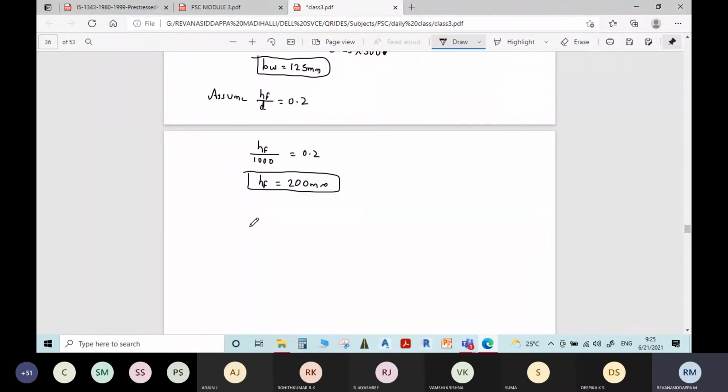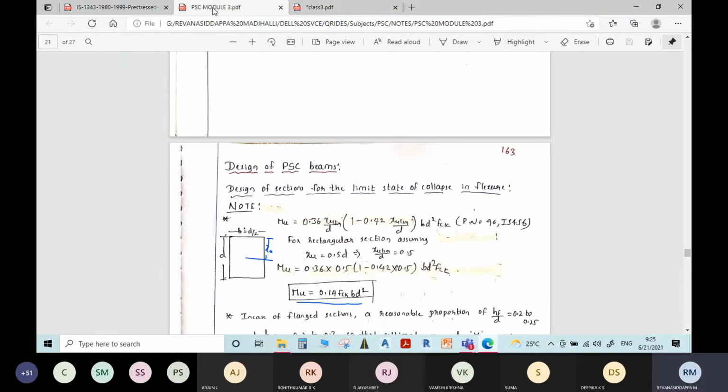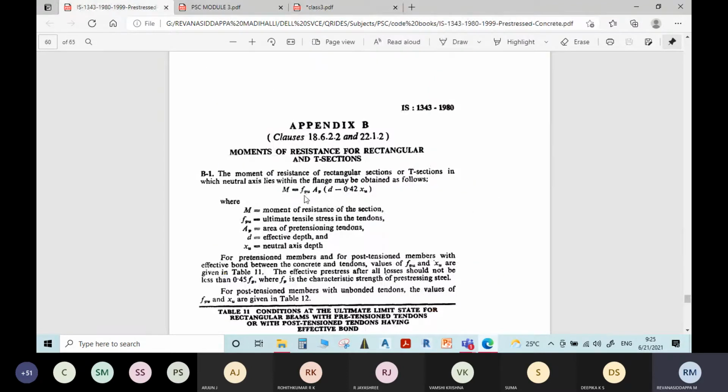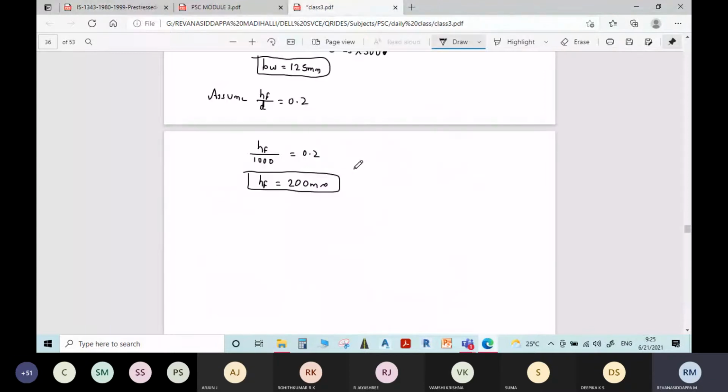Now we will assume that the neutral axis lies within the flange. If the neutral axis lies within the flange, this is the formula we have to use, from page number 59.